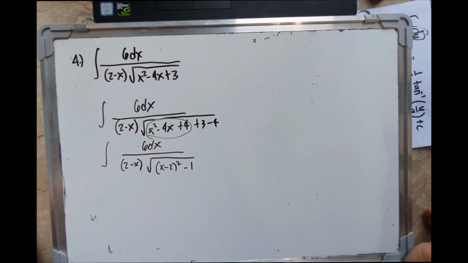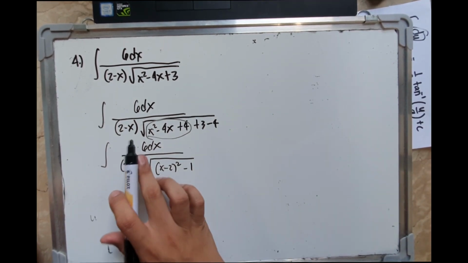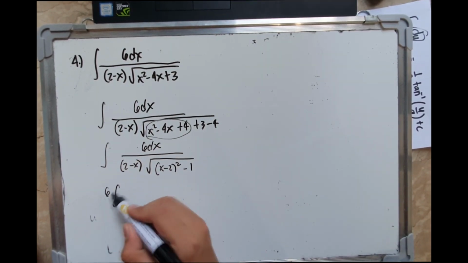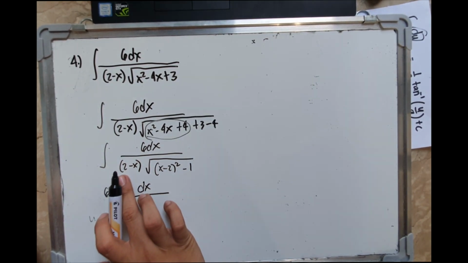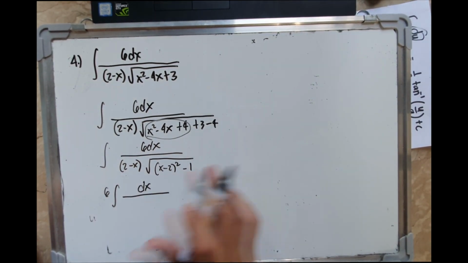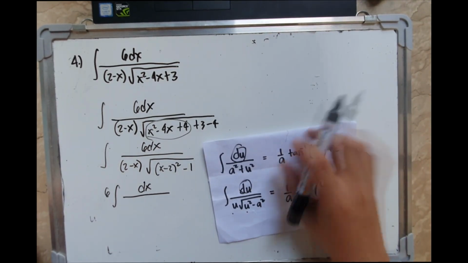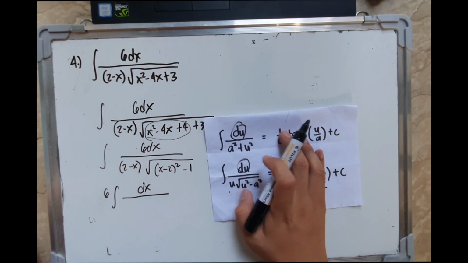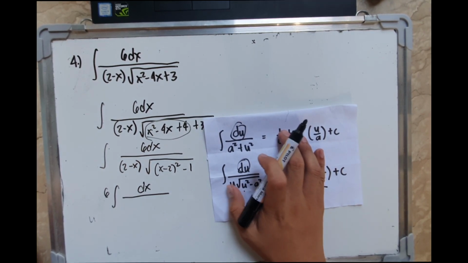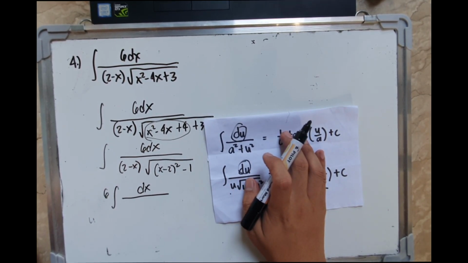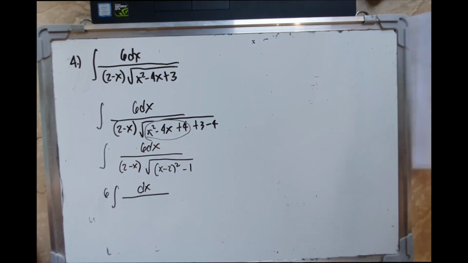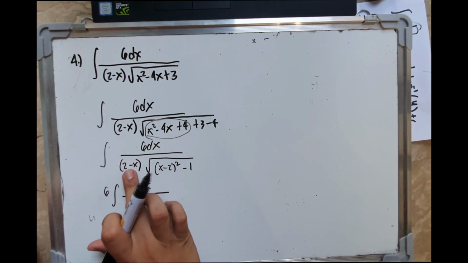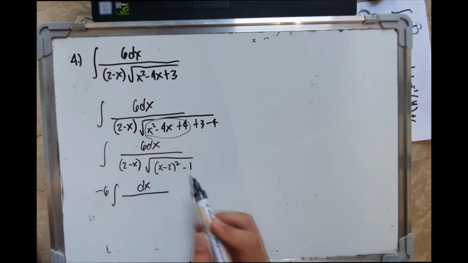So we could write 6 outside the dx in the numerator. Notice 2 minus x, and here we have x minus 2. So it should be the same quantity. So we will be factoring out negative. So this will now become negative 6.